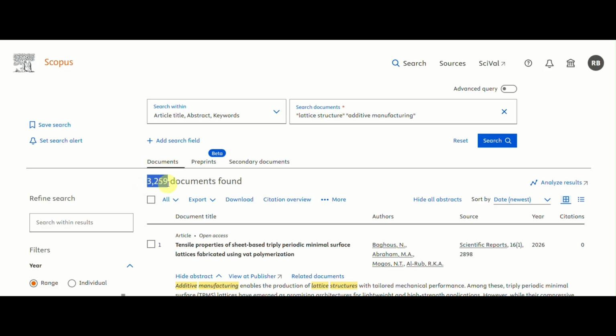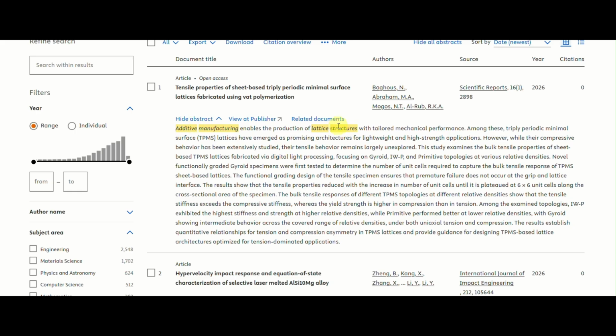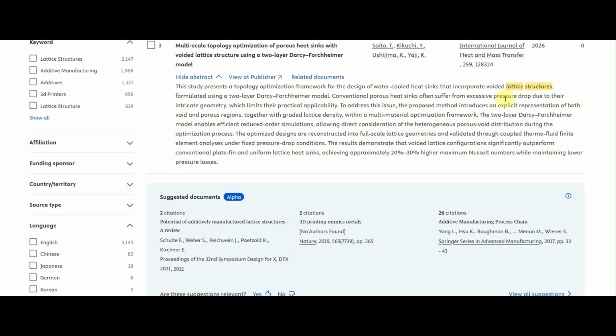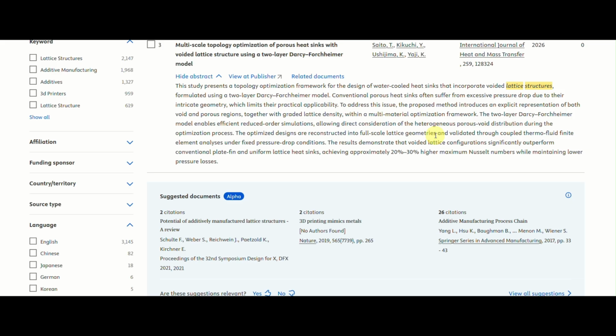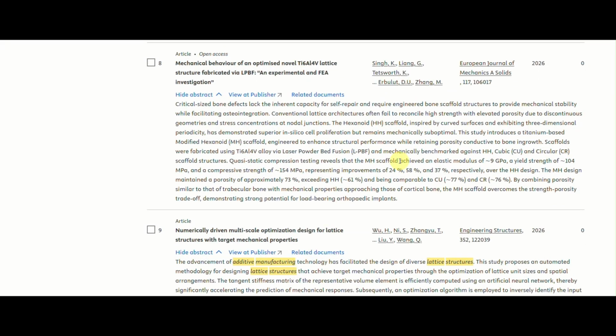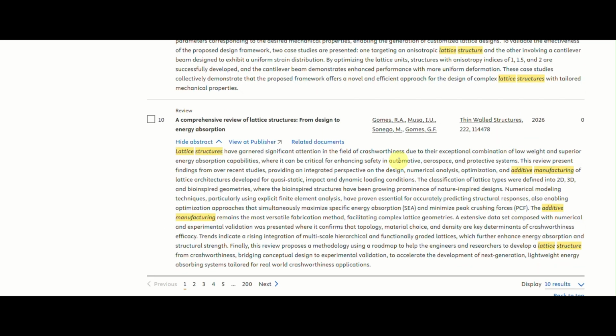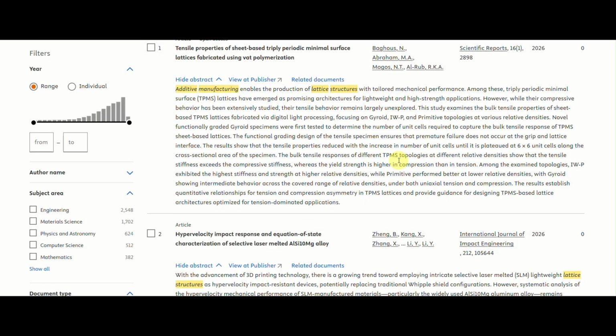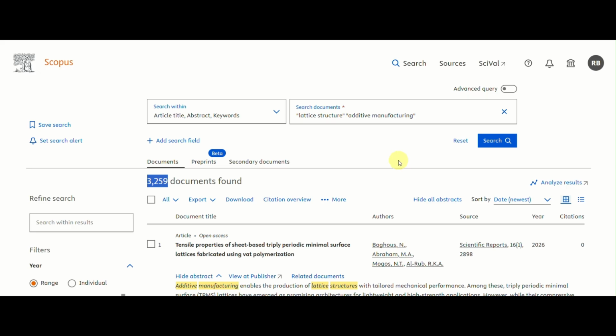Although we now have 3,259 documents, we are still not getting the right documents for our research domain. In this article we have two keywords, but here there is no additive manufacturing keyword, and here we don't have both of them. We want both keywords within a single paper.